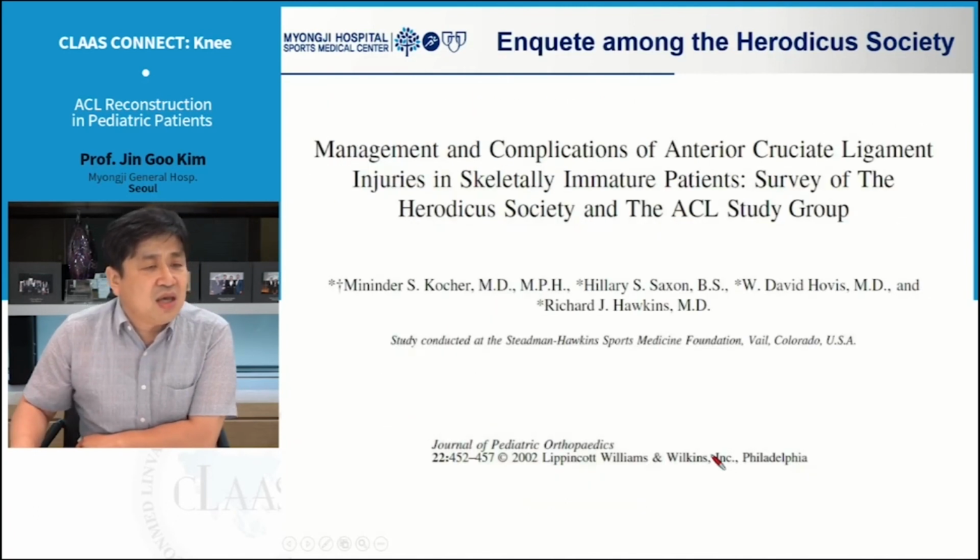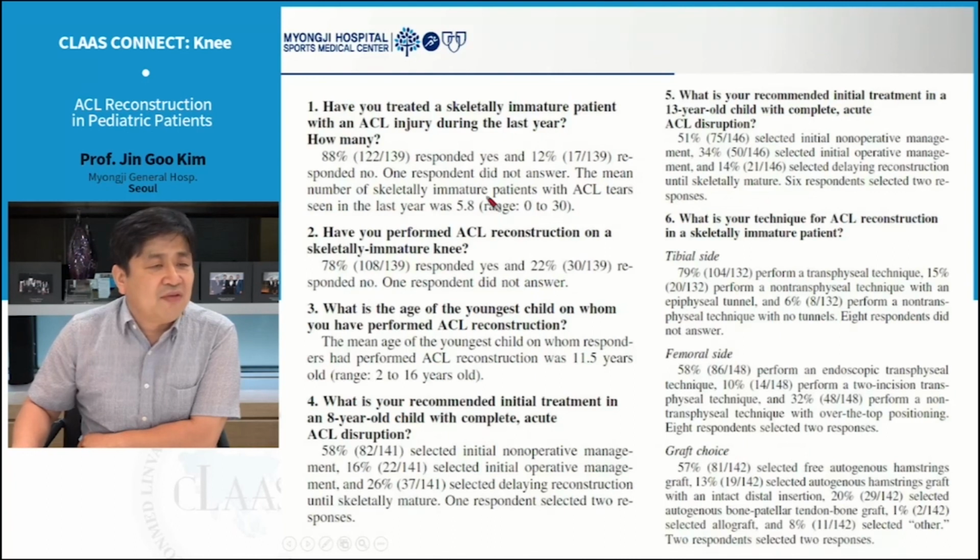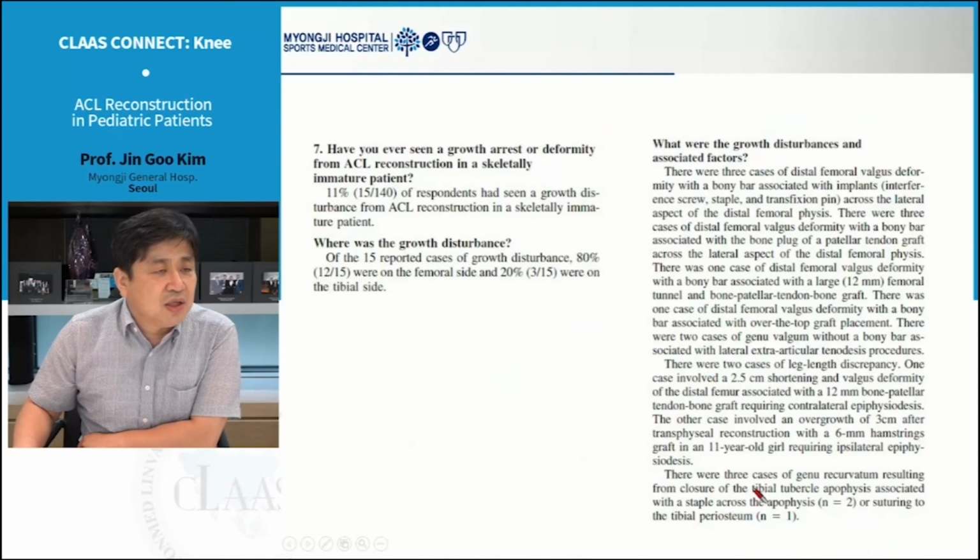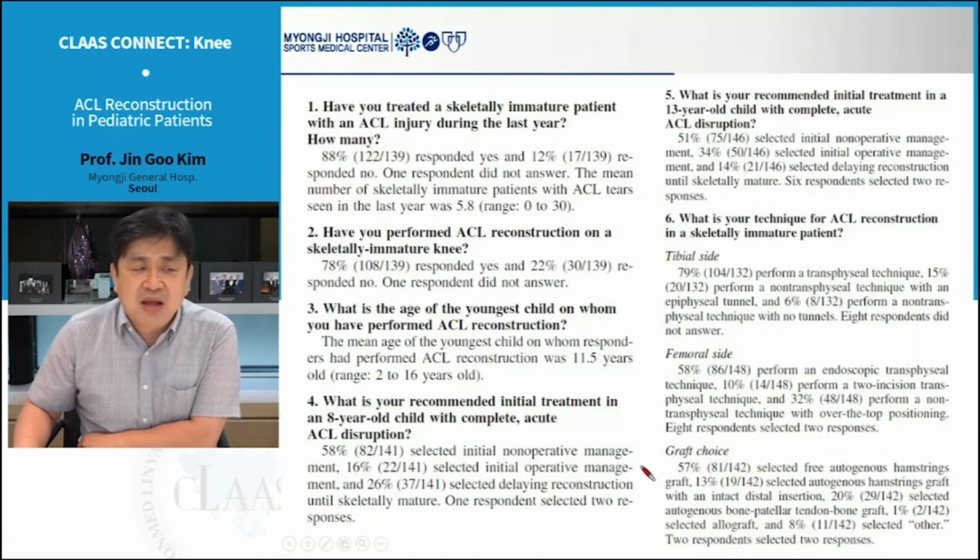So this is the survey from the Herodicus Society in AOSSM, who have enough treatment experience. Growth arrest is 11%, but currently reported nothing.